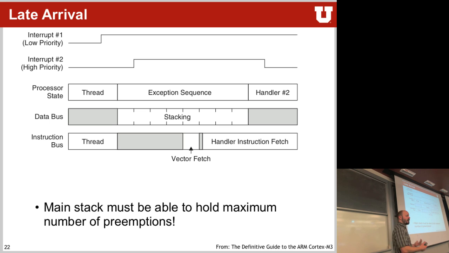Because the vector fetch hasn't happened yet, it fetches the vector for the higher priority and will start executing that handler. Once it's done, it will tail chain the second one and execute the first one immediately after, without unstacking and restacking again. And then at the very end of both of them, it will unstack and we will be back in the main program.